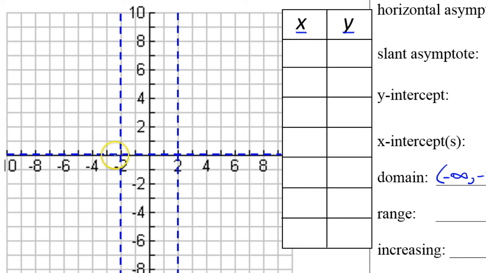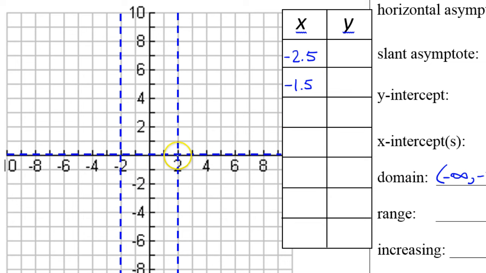For example, to the left of -2 would be -2.5. So I'm definitely going to use -2.5 as one of my values. A little bit to the right of -2 would be -1.5. So I'm definitely going to use -1.5 as one of my values.